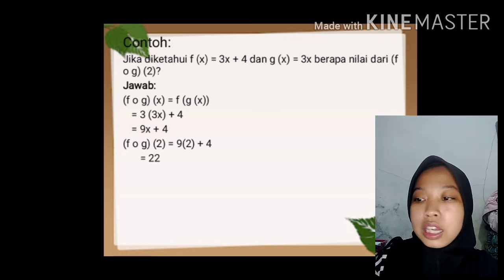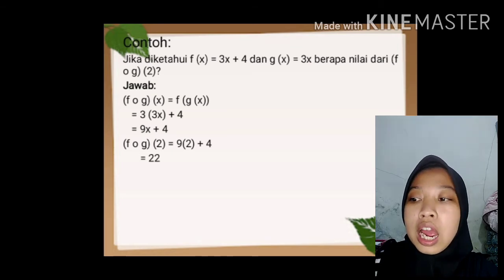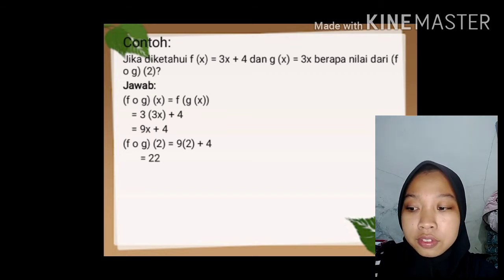For example, if it is known that f(x) is 3x plus 4 and g(x) is 3x, what is the value of f composition g?